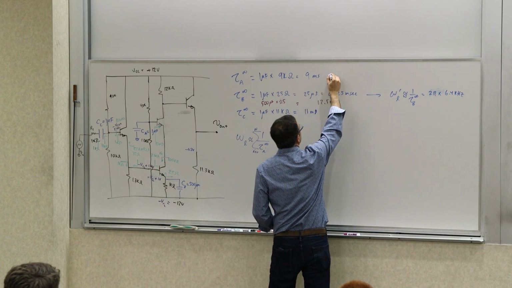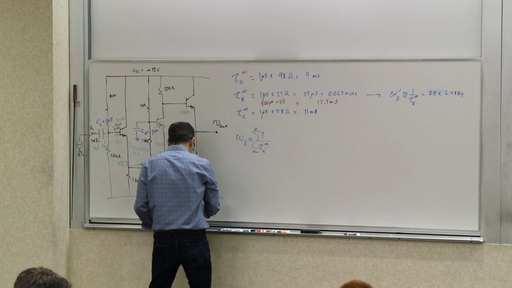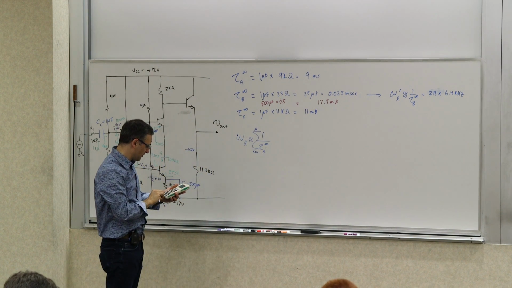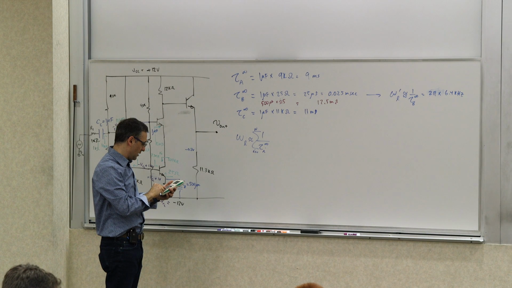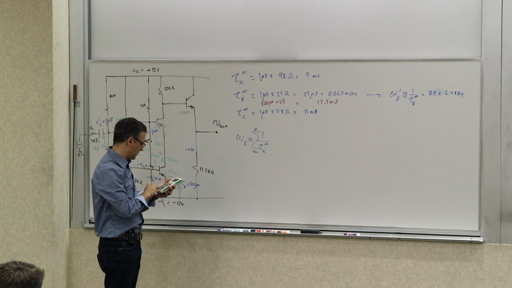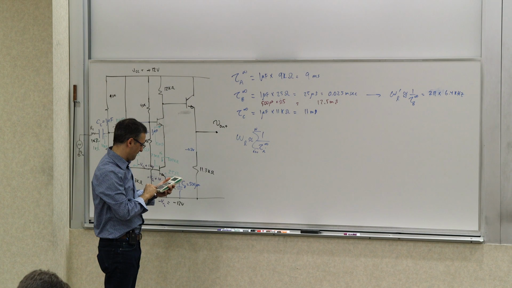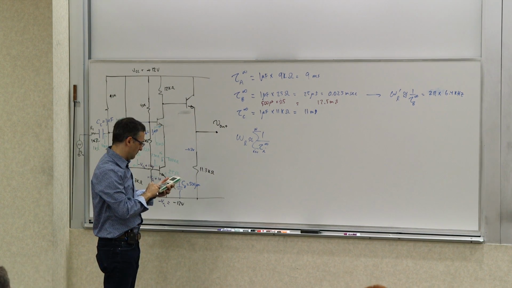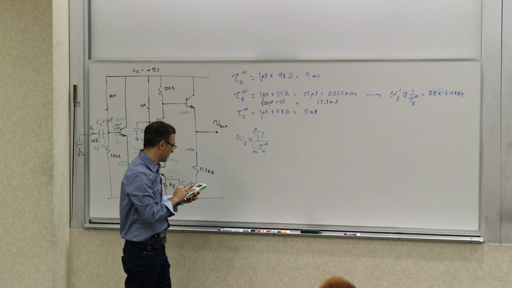So you can calculate the sum of the reciprocals, so you have 1 over 0.09 plus 1 over 12.5 plus 1 over 11 milliseconds.